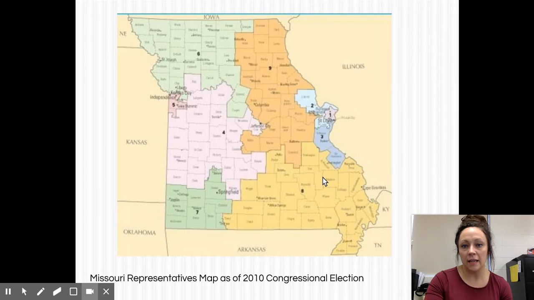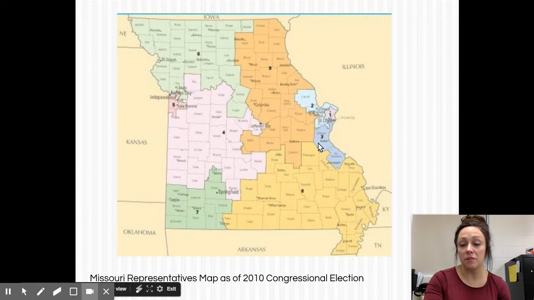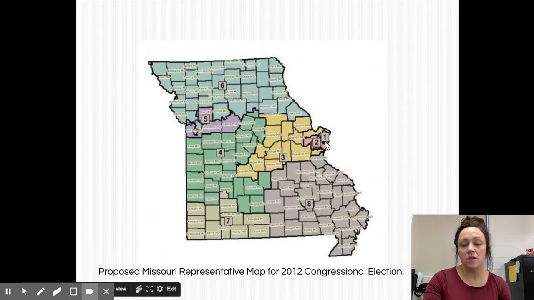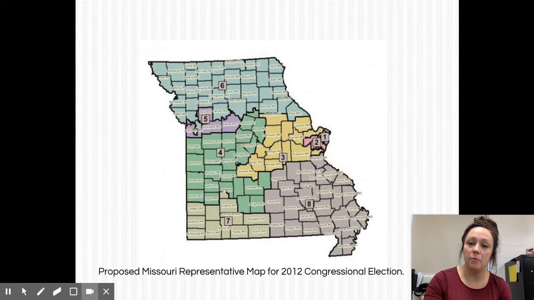If we jump back here, St. Genevieve and Jefferson County and a little bit of St. Louis County used to be one district. But as a result of the 2010 census, that district was basically erased because we had to redraw our district lines because we lost a representative.